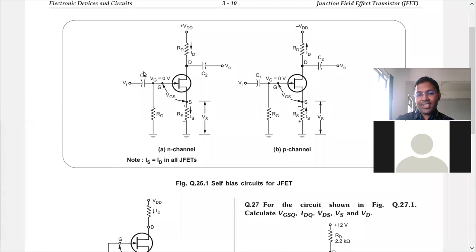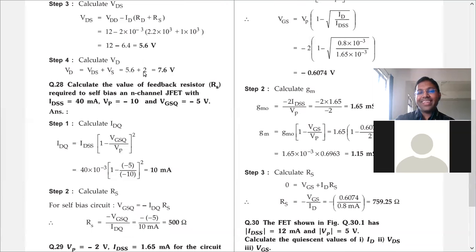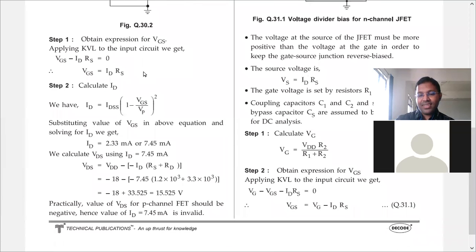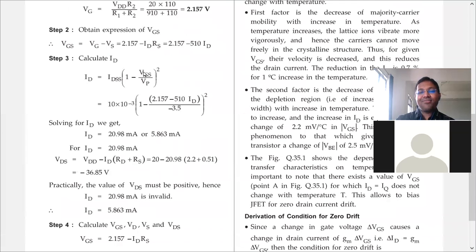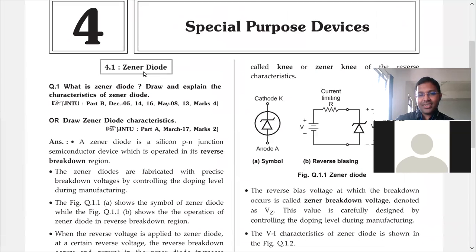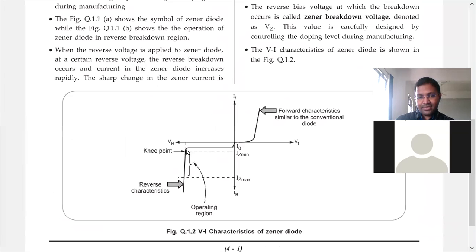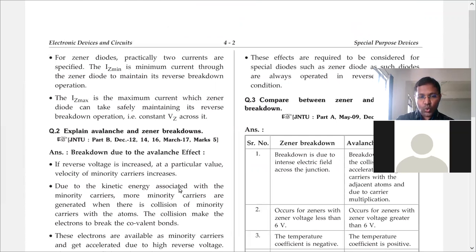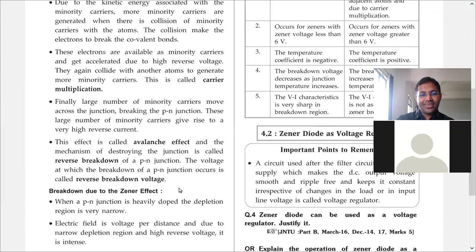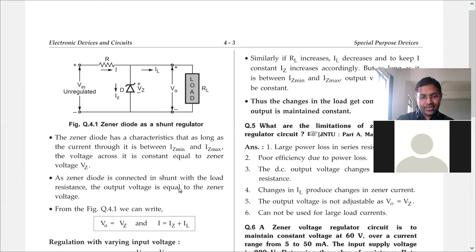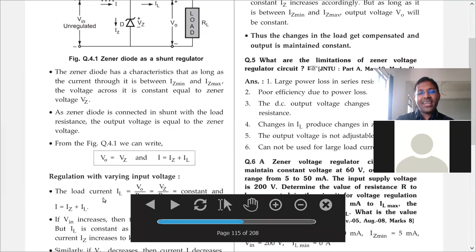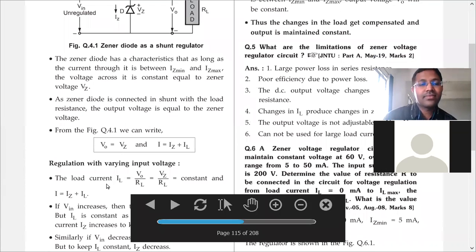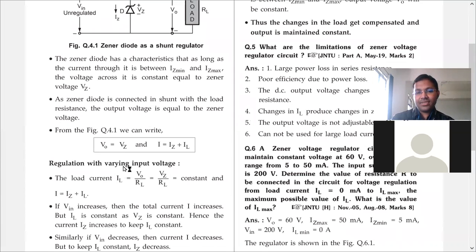From the characteristics of the Zener diode, we have seen that Vz remains constant.